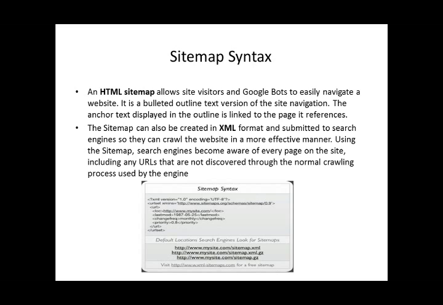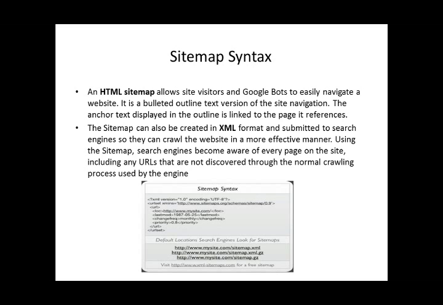Using this sitemap, search engines become aware of every page on the website, including any URLs that are otherwise left behind while going deep down the directory levels. There are times when the Google crawler does not go beyond the third, fourth or fifth level directory. So if all these URLs are present in the XML sitemap format, it becomes easy for the Google crawler to crawl all of them in one go, and there is a specific syntax attached to the XML sitemap.